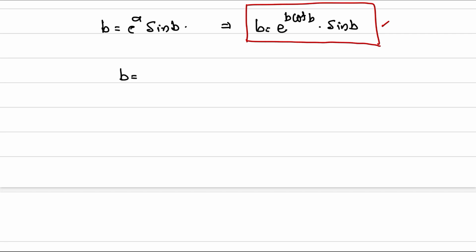b is equal to e to the power of b cot b into sin b, which implies e to the power of b cot b is equal to b by sin b.